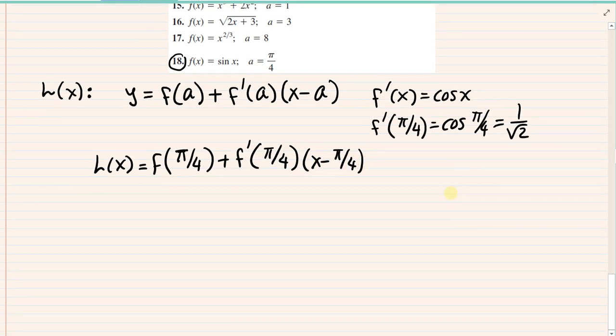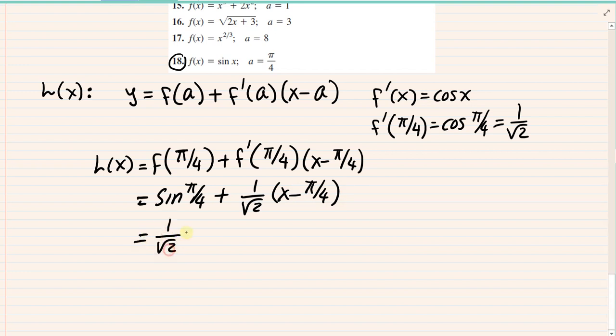Okay, and this is going to equal f at pi over 4, that's the value of the function, sine at pi over 4, plus 1 over root 2 times x minus pi over 4. Okay, and again, sine of pi over 4 is 1 over root 2.